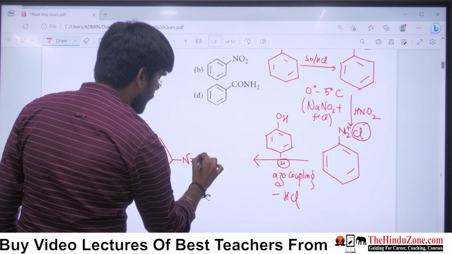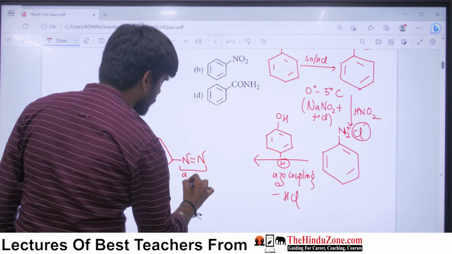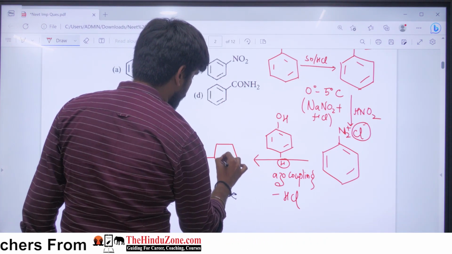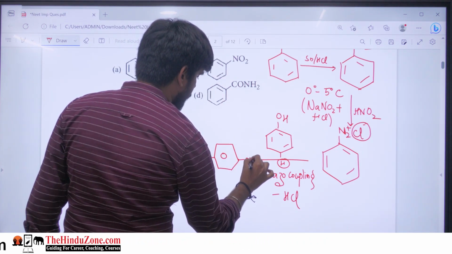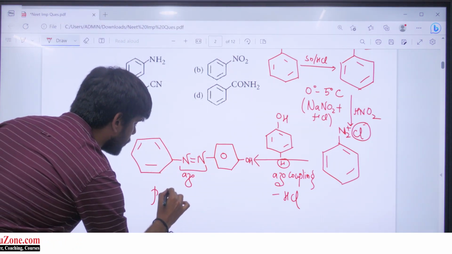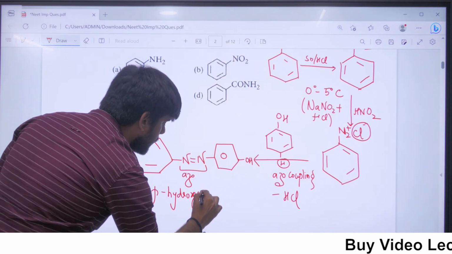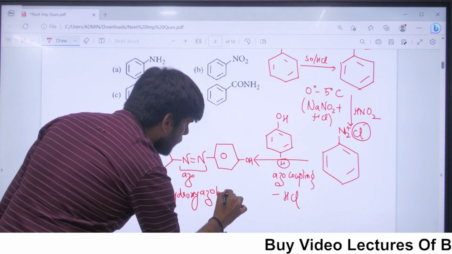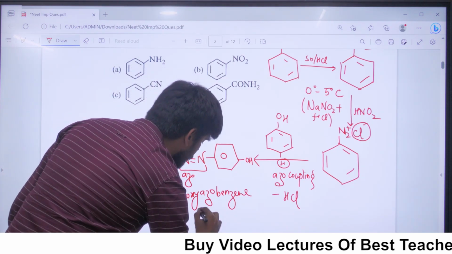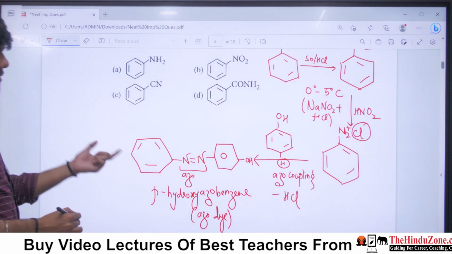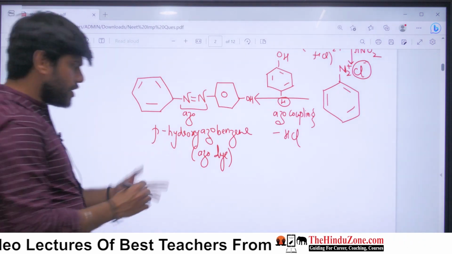N double bond N, this is your azo group, and here you get this. So this is your para-hydroxy azobenzene, and you know this is your azo dye. This is your azo dye, and it is orangish color.